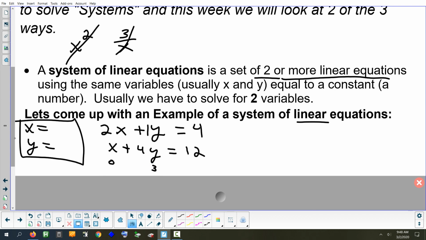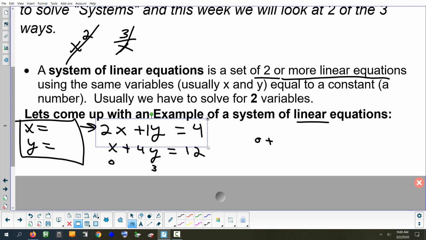Now, the problem is you have to be able to plug those same two numbers in up here, and it also has to work. So once you find an answer that works, it can't just work in the bottom equation, it has to work in the top one. Let's check it. If you plug in 0 for x, what's 2 times 0? 0.